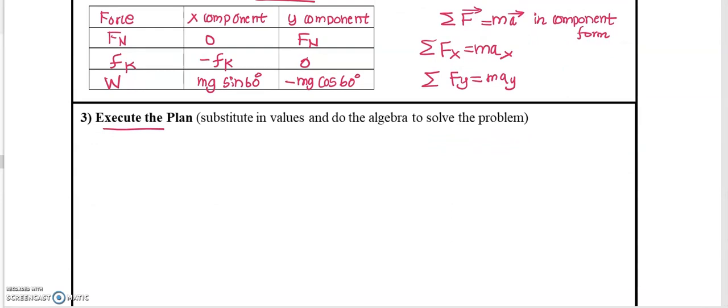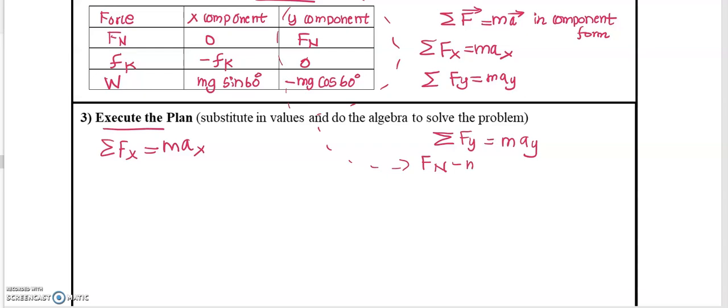All you have to do is use Newton's second law in the x direction and y direction, and when you do that, go back to the chart and look at the forces acting in each direction. I'm going to use it for the y direction first. If you use Newton's second law in the y direction, you have normal force minus mg cosine 60 is equal to 0, because there's no acceleration in the y direction.